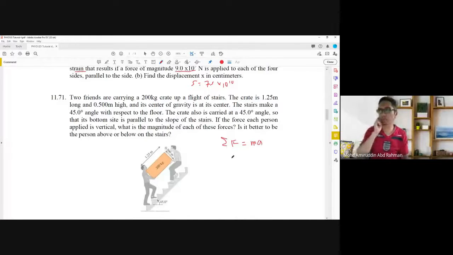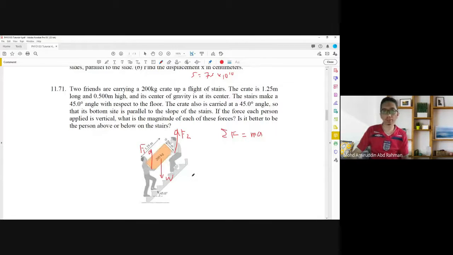So what we have over here is the force acting on the first person and the force acting on the second person, and then we have the weight. So this is F1 and that is F2, and you need to minus the weight. You can know what your weight is, so the total force.